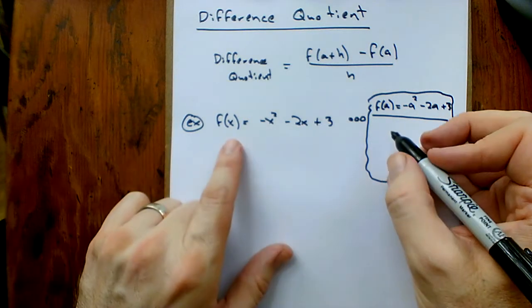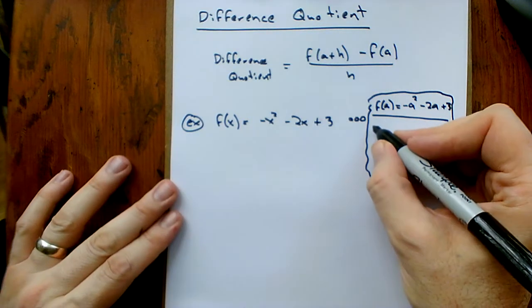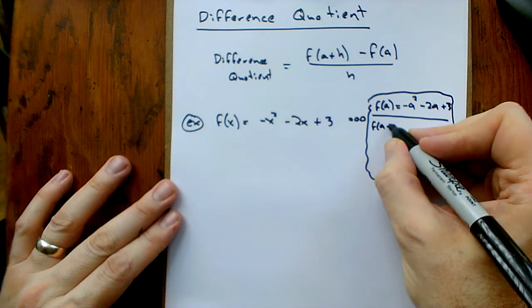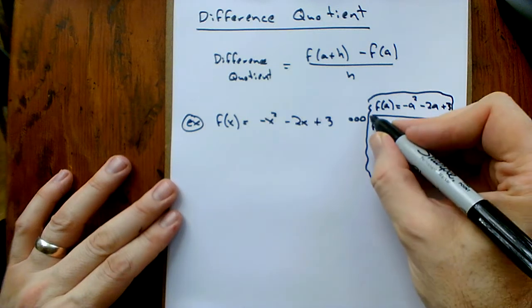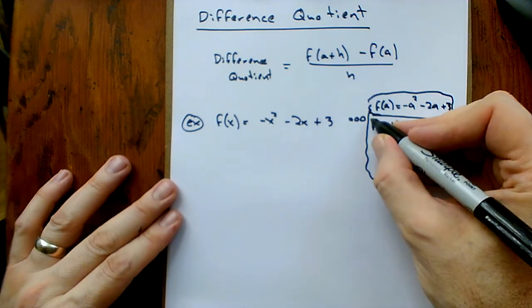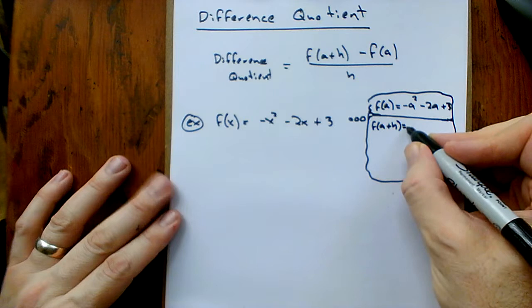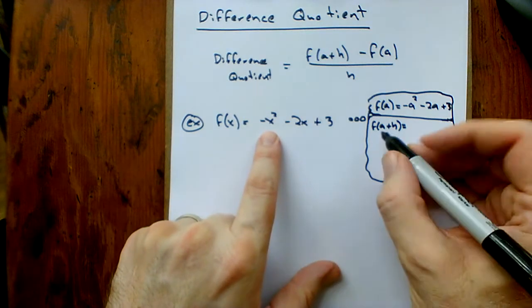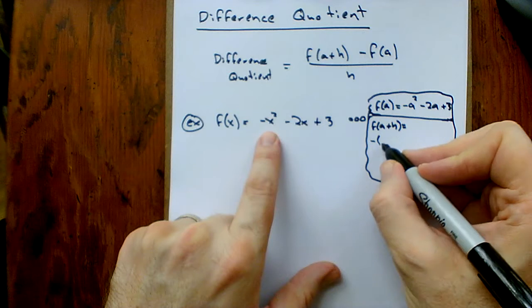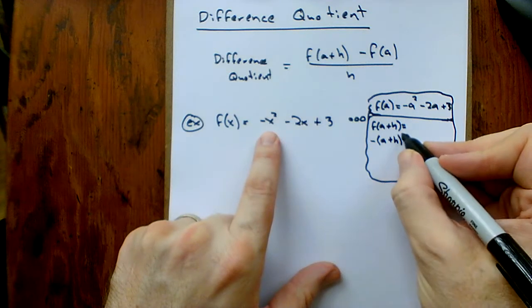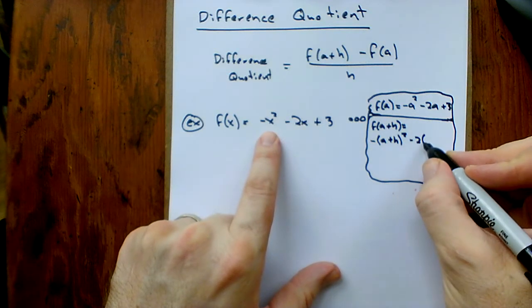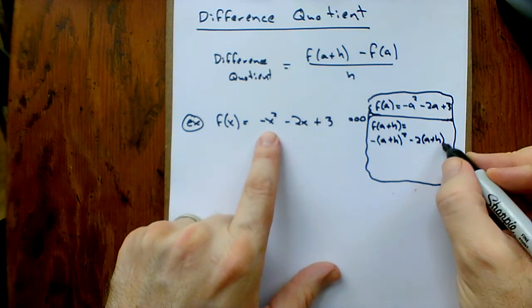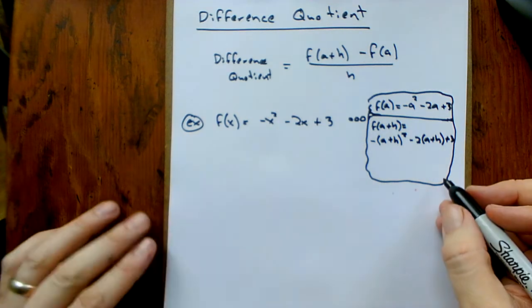Okay, that one looks pretty good. Well, what about this f of a plus h? That's a little tougher. F of a plus h means that everywhere I have an x, it's going to be an a plus h. So this is going to be negative a plus h squared minus 2 times a plus h plus 3.